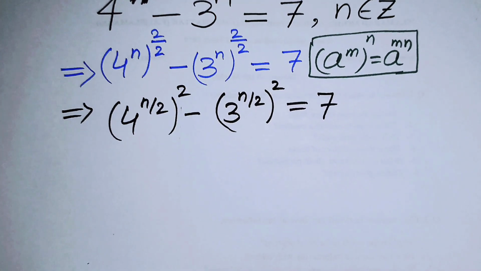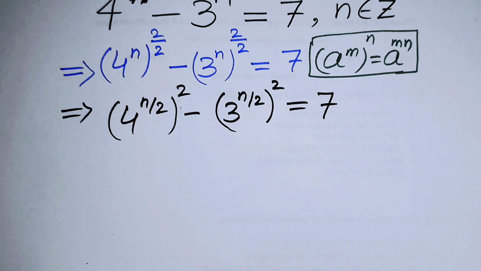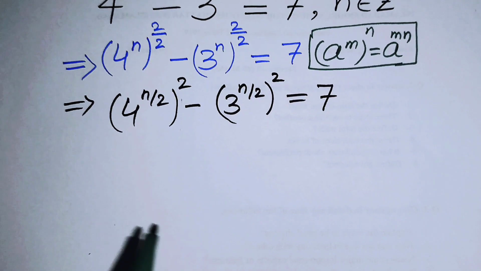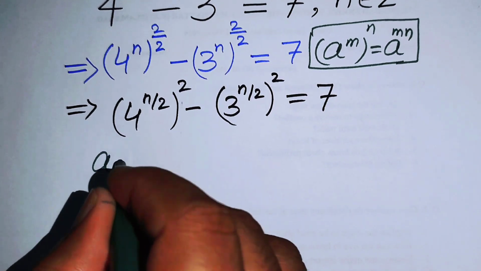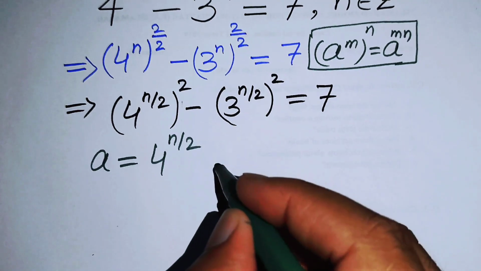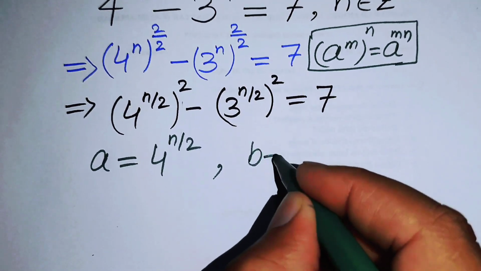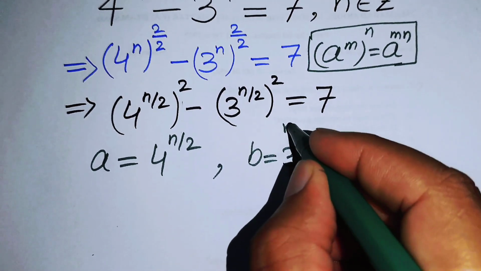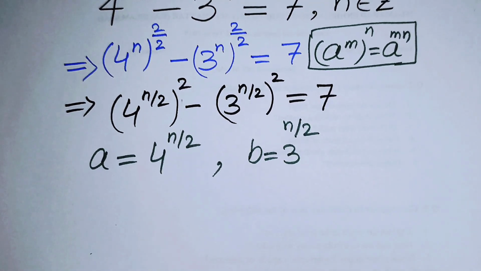Now we want to change this exponential equation into quadratic form, so I can take a equal to 4 to the power of n over 2 and b equal to 3 to the power of n over 2.